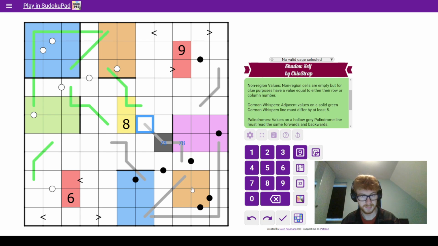So what's going on with these two? Do they have to be in a region? Well, maybe it's better to look at these two because I feel like one of them has to be in a region, right? And if they both have to be in a region, that has to be orange. And orange kind of fixes most things.